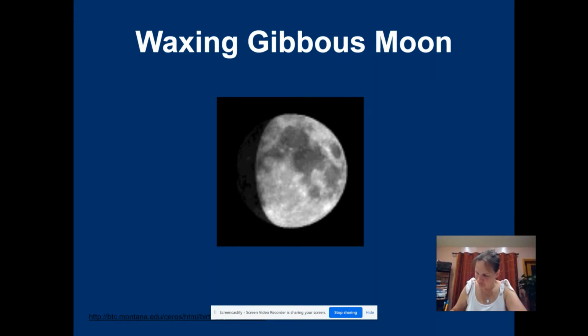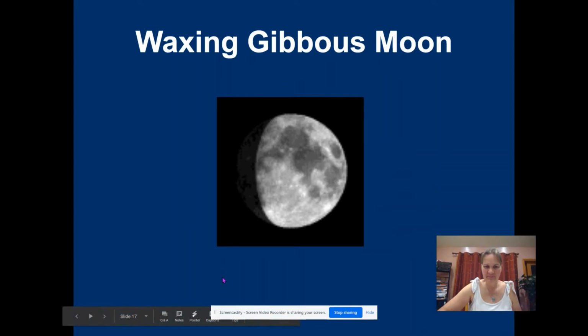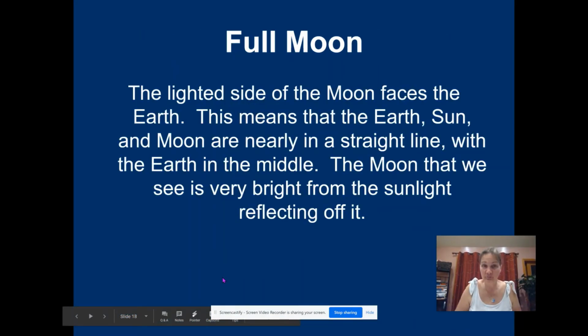Okay. Well, almost all the darkness is off, and we finally, oops, wrong button, we now have the full moon. So the lighted side of the moon faces Earth. Earth is actually between the sun and the moon, but we can completely see the moon, so Earth is not blocking it.